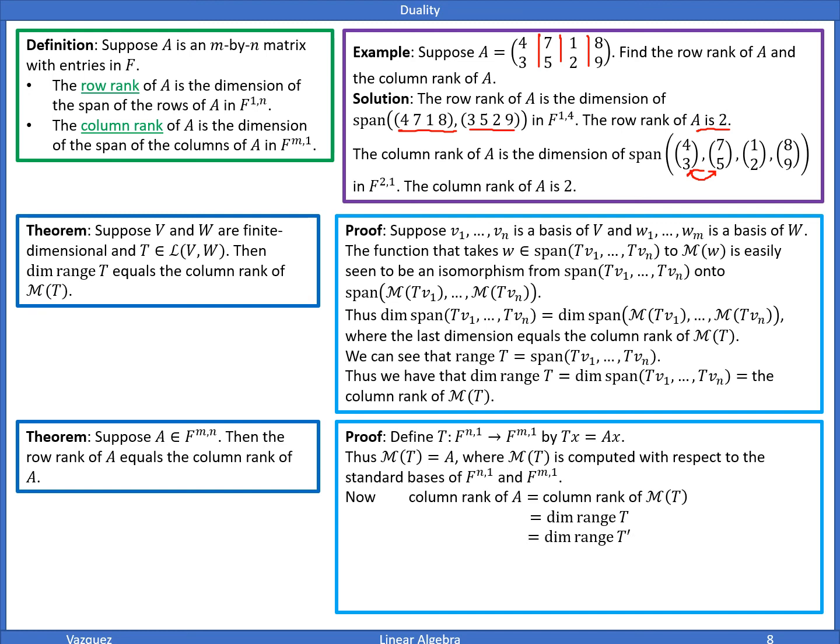And that is equal to the dimension of the range of the dual map of T, which again comes from a theorem we just saw not too long ago, that the dimensions are equal. That is equal to the column rank of the matrix of the dual map of T.